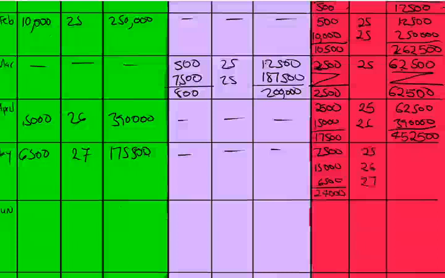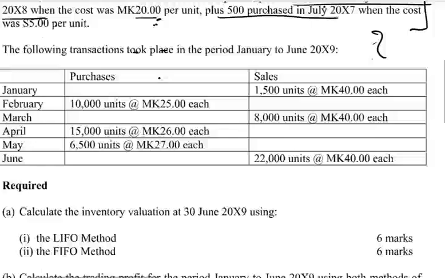This one is valued at 62,500, this one at 390, and the new consignment is 175,500. Together, we should find a value of 628,000.